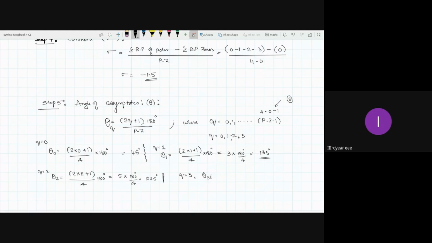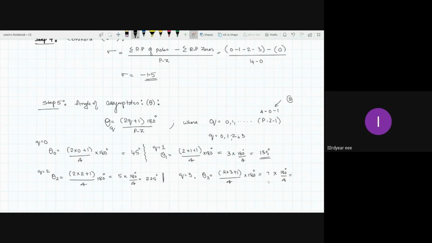That gives theta 3. So (2 into 3 plus 1) divided by 4, into 180 degrees. So that's 7, right? 7 into 180 by 4.